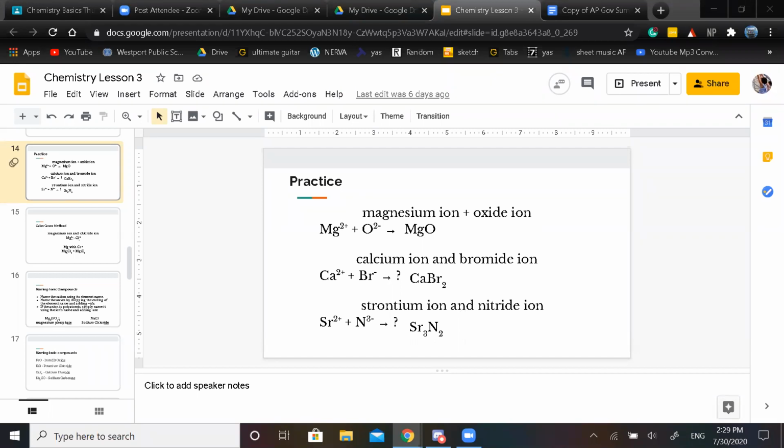And then 2 times 3 minus equals 6 minus. It's in the chat, by the way. So because you multiply by 3 and 2, that's what you would write on the bottom, because that's how many of each element you need.